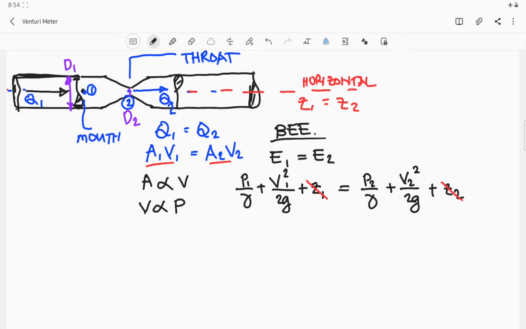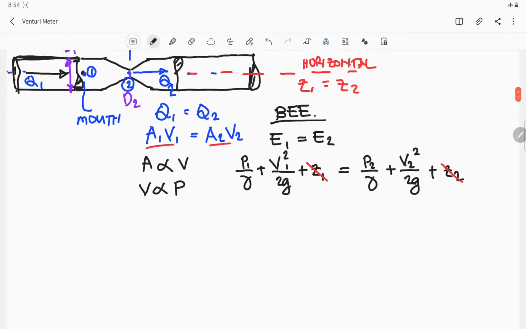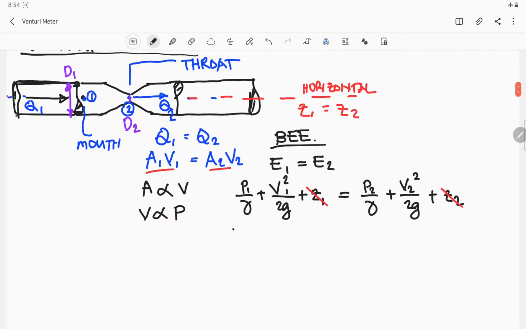Okay, so we can rearrange the equation in such a way that it would be P1 minus P2 over gamma, that is equal to V2 squared minus V1 squared over 2G.